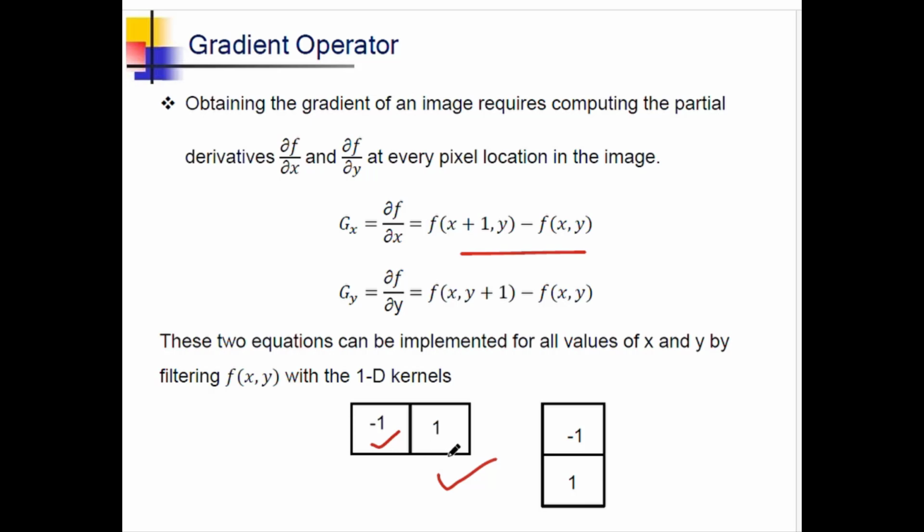You know x is increasing like this, so it is f(x+1, y) minus f(x, y). And if you generate a kernel for gy, this is f(x, y) and this is f(x, y+1). So this is about the 1D kernel, which you can apply either in the x direction or in the y direction.